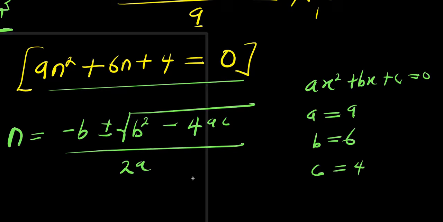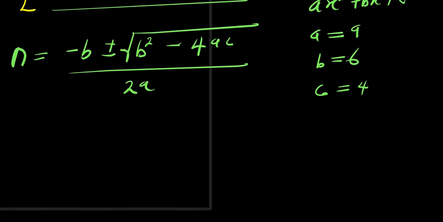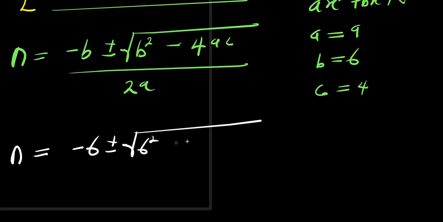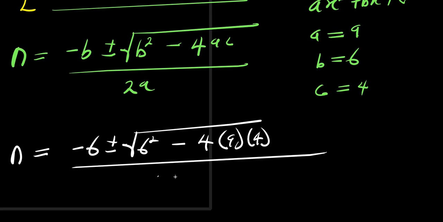So from here, we have n equals negative b, that is negative 6, plus or minus square root of b squared, that is 6 to the power 2, minus 4 times 9 times c, that is 4, divided by 2 times a, that is 2 times 9.